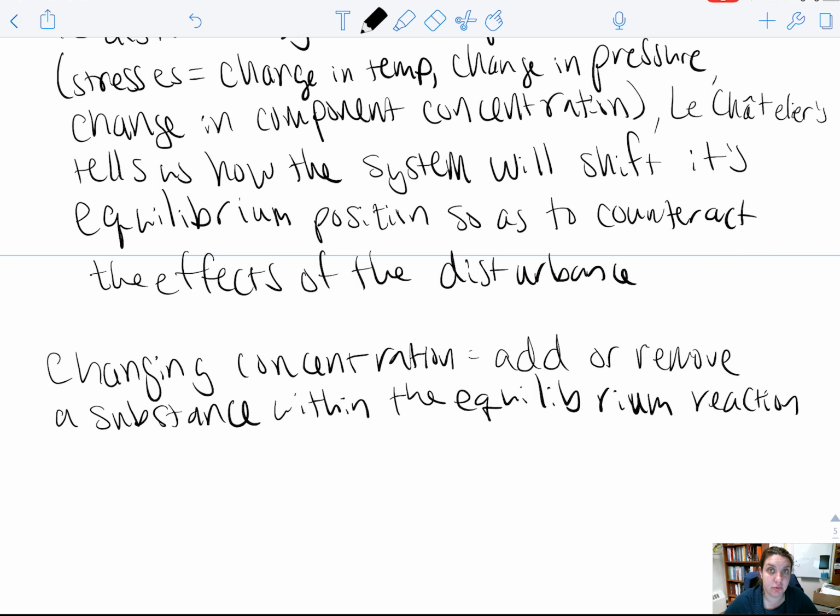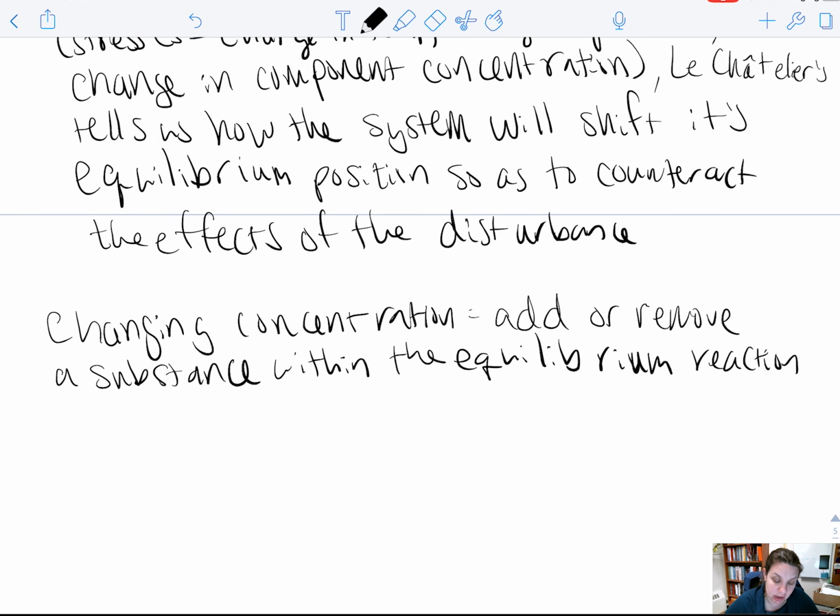And doing so will shift our equilibrium to use up or produce more of the substance.